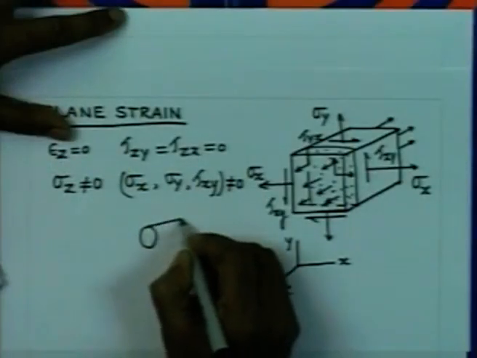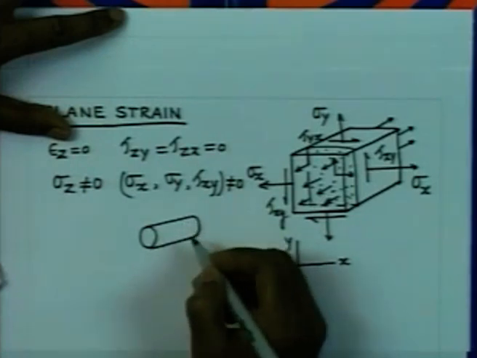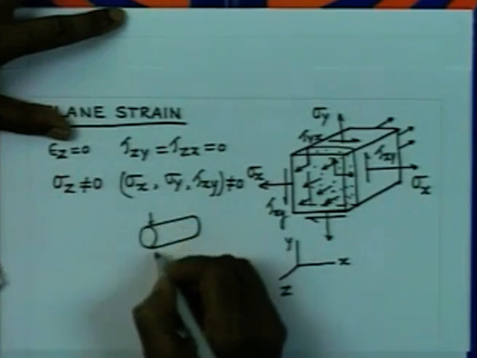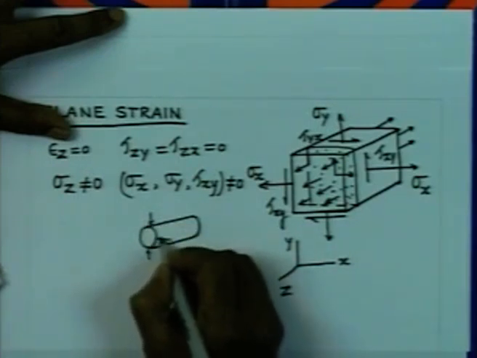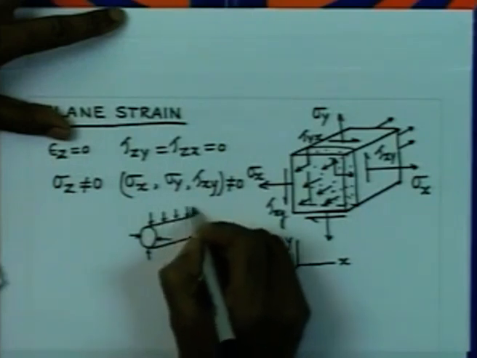This sort of situation is going to come up when you consider a roller bearing. In the case of a roller bearing, think of the roller which is loaded in the radial direction. It is loaded all along its curved surface by radial forces, all along the length.